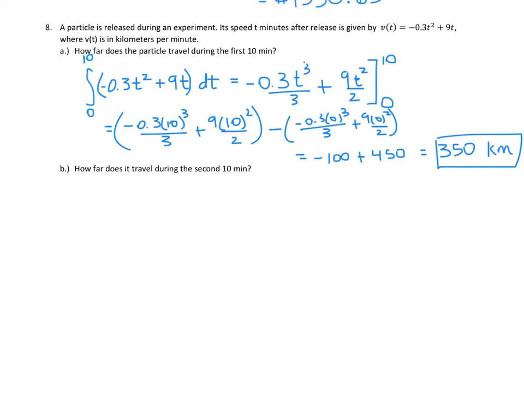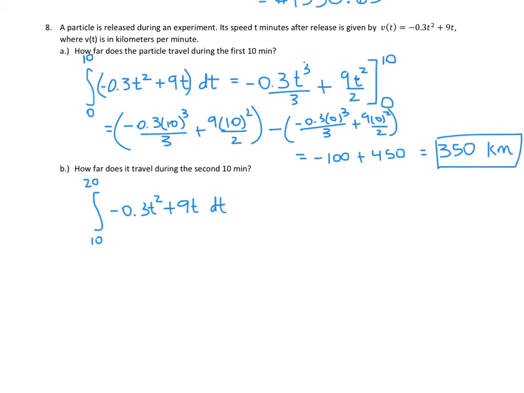For part B, we want to know how far does it travel during the second 10 minutes. So here, the second 10 minutes would be from 10 to 20. So we're integrating from 10 to 20. And our velocity function is negative 0.3 t squared plus 9t dt.